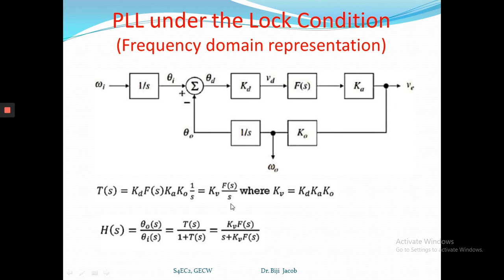So Kv into F of s divided by s. Then the overall transfer function you can find by the basic feedback control system formula A divided by 1 plus A beta, where the beta factor is taken as unity. So your overall transfer function will be Kv into F of s divided by s plus Kv into F of s.